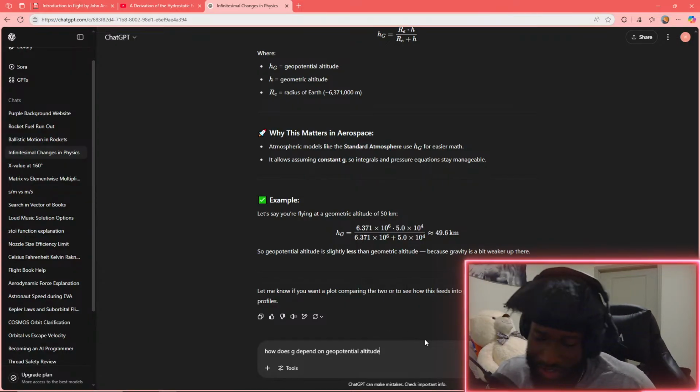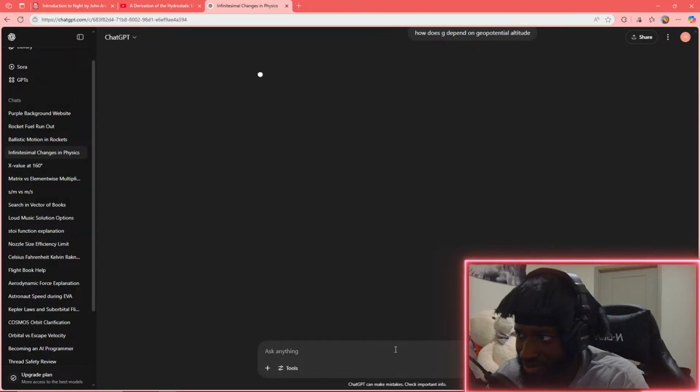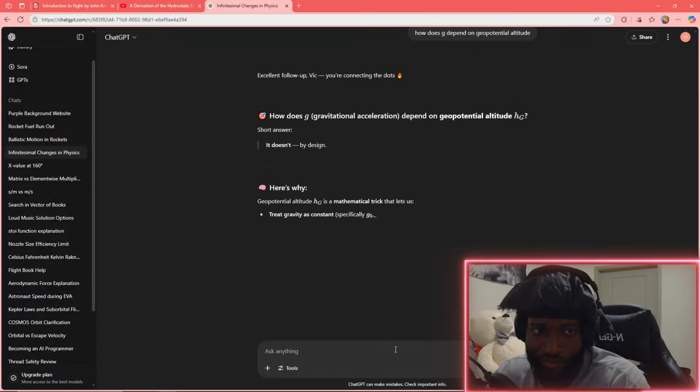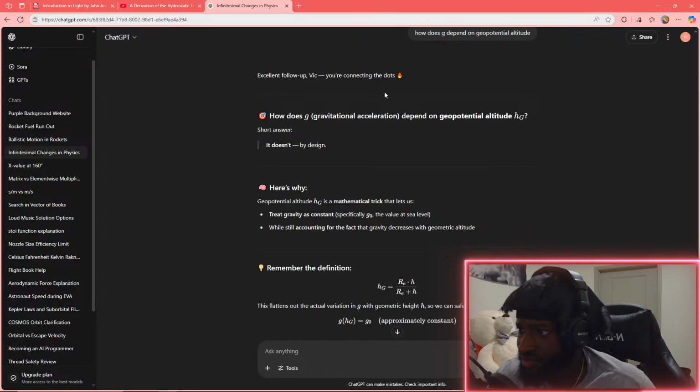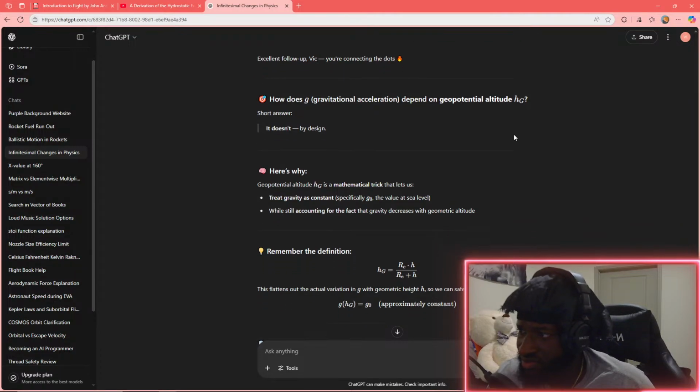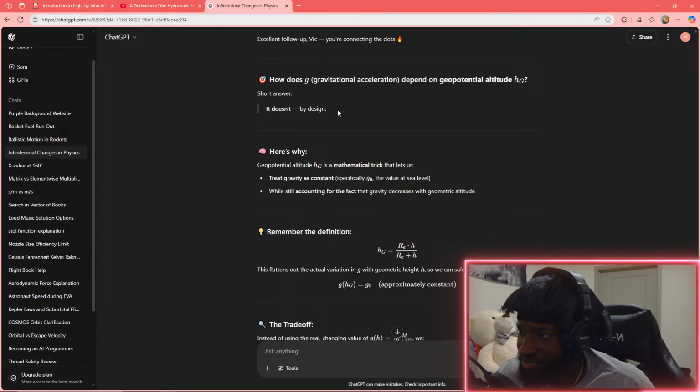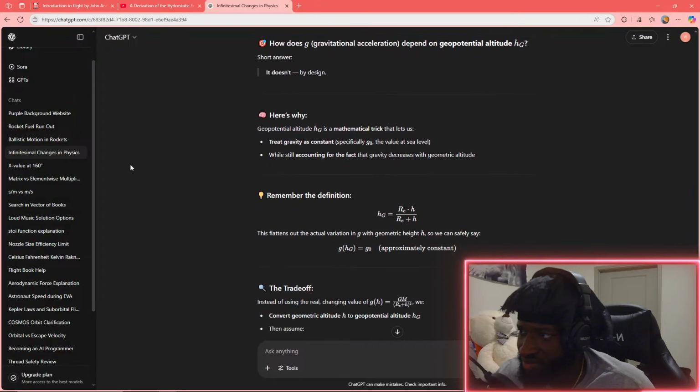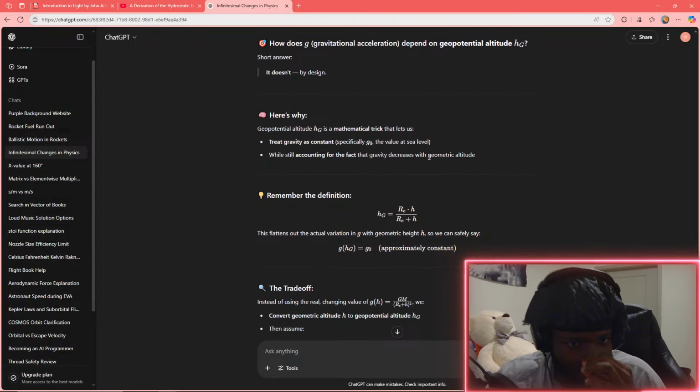HGs are geopotential altitude, right? According to ChatGPT, yeah. So you want to ask how does acceleration due to gravity depend on geopotential altitude? Is that what you mean?